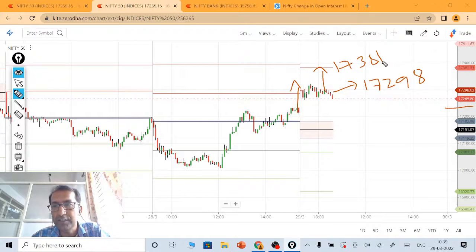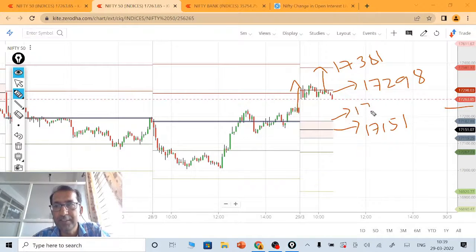Now on the downside, if Nifty is not able to sustain above 17,298, there is a chance that it can test the pivot. The pivot is placed at around 17,151. First it can come to the upper range of pivot, that is 17,182.